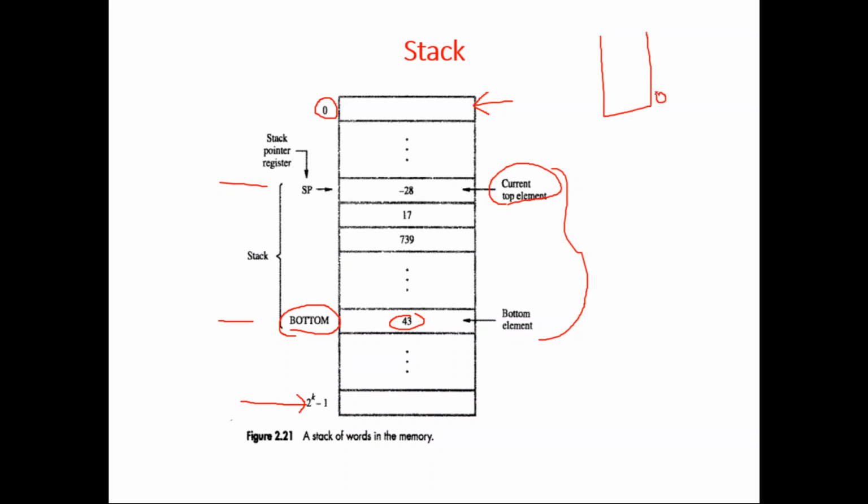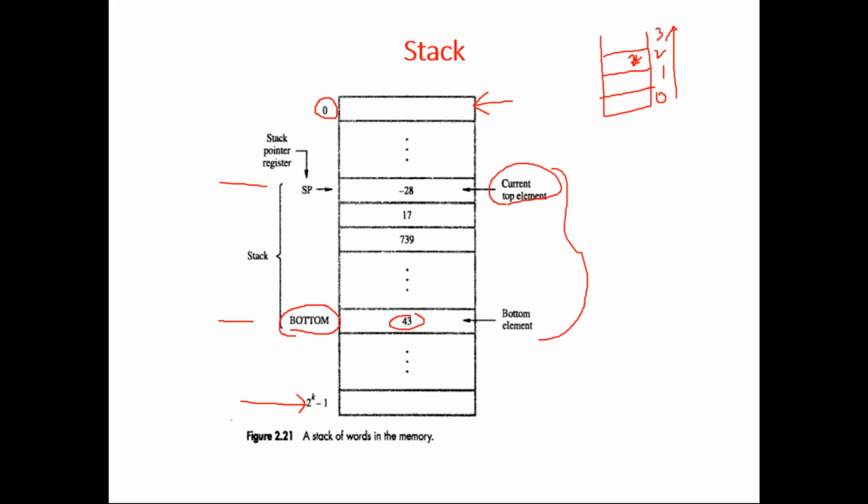When you implement stack as an array, the first element will go to the 0th location, the second element to the first location, the third element to the second location, and so on. Like that it will grow, right? That is our understanding: stack will grow from bottom to top.